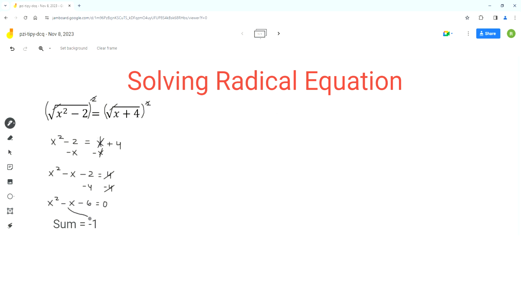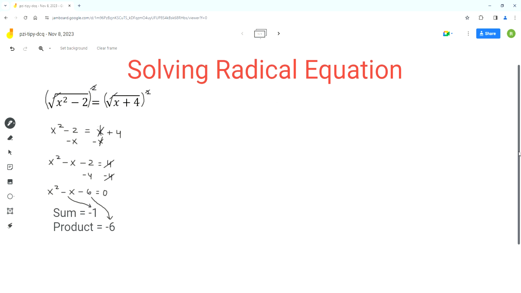So here the coefficient of x term is the invisible one with a negative sign. And we have to find two numbers whose product is equal to -6, which is the number term in the simple trinomial. So now we have to think of pairs of numbers that add to -1 and multiply to -6.